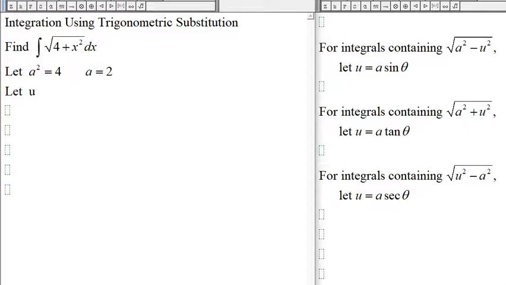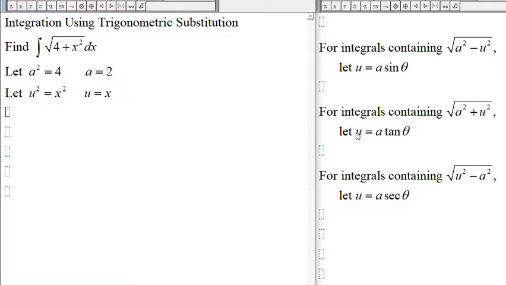And then let u squared be x squared. Again, take the square root of both sides, we get u is equal to x.